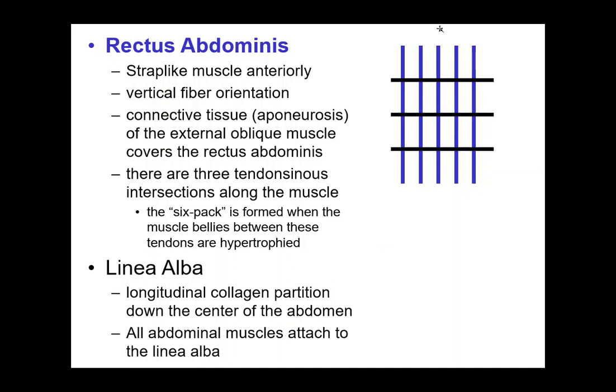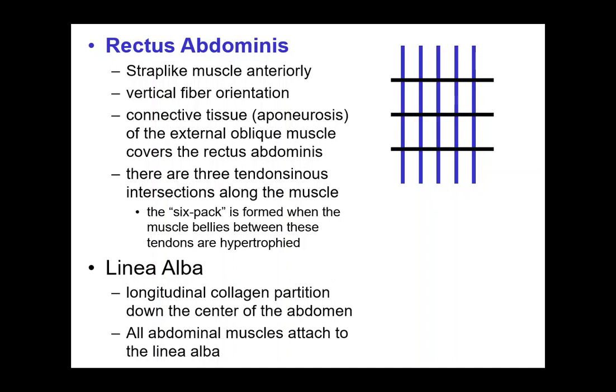You also have running superior to inferior down the center of your trunk a longitudinal collagen partition, and that is called the linea alba. If you are able to get pregnant, that line becomes very dark, and they call it the linea nigra.